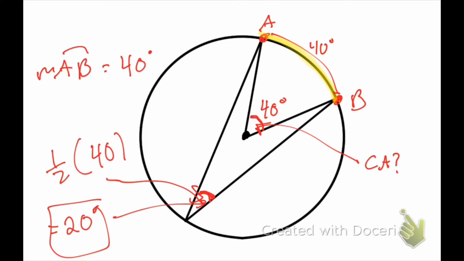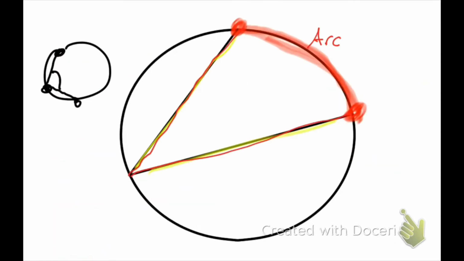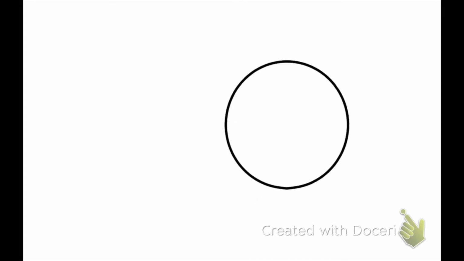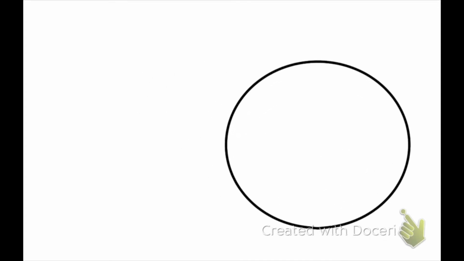I've seen a lot of mistakes made here, but don't overcomplicate this. If I take a circle, and here is, say, the intercepted arc created by these points. Let's just say that this is 50 degrees. The central angle, also 50 degrees.